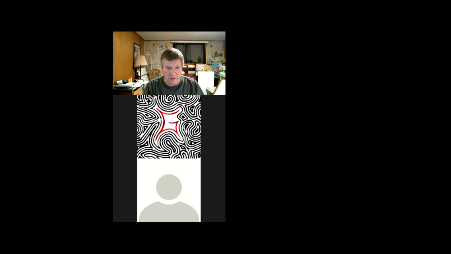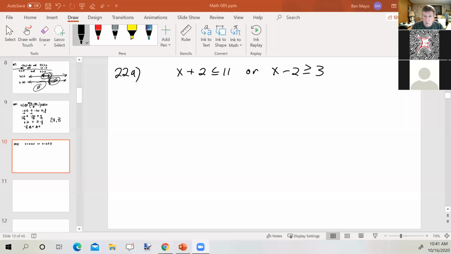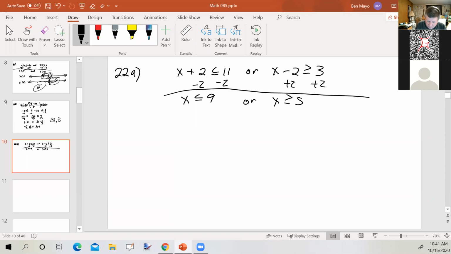So let's take a look at that. Or union, we want all of the first one along with all of the second one. So to solve the first one, I'm going to subtract 2 from both sides, x less than or equal to 9. To solve the second one, I'm going to add 2 to both sides, x greater than or equal to 5, and we're talking or union.